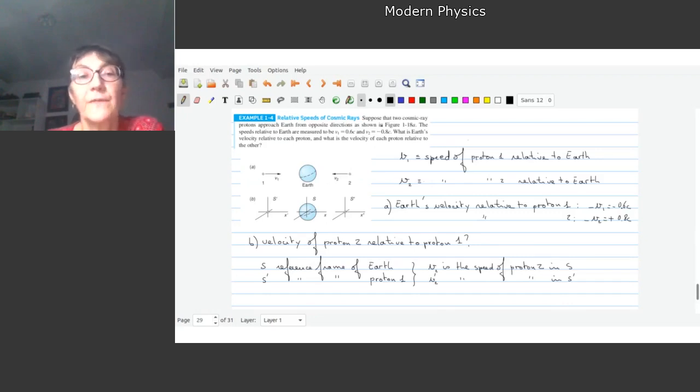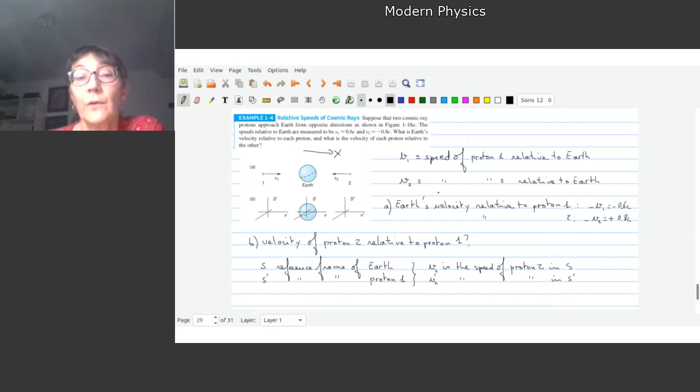You have this minus sign because we use an oriented axis. And so the question is, what is Earth's velocity relative to each proton?